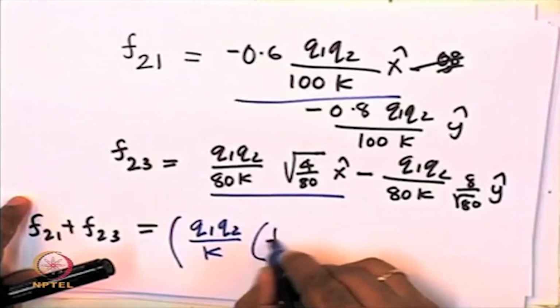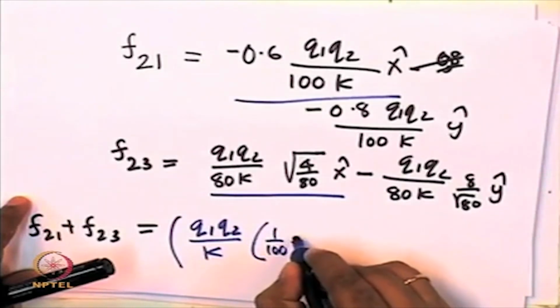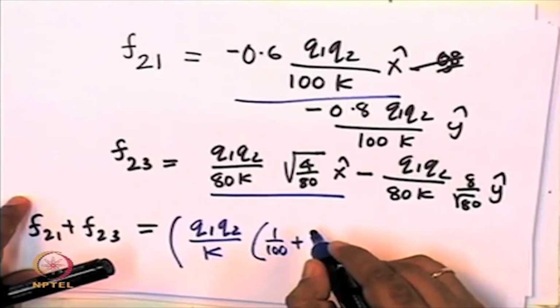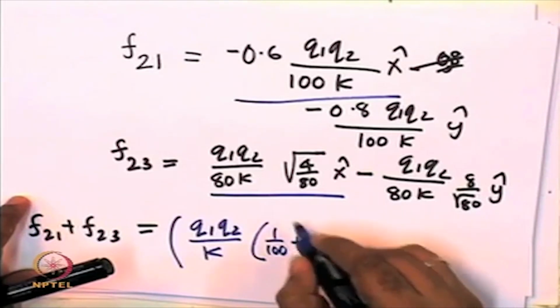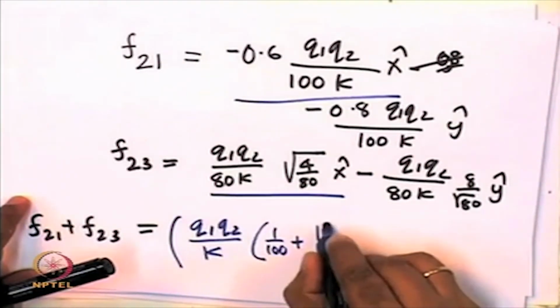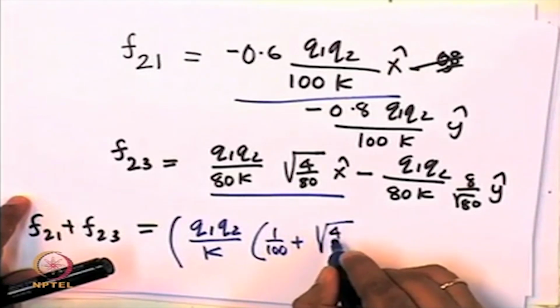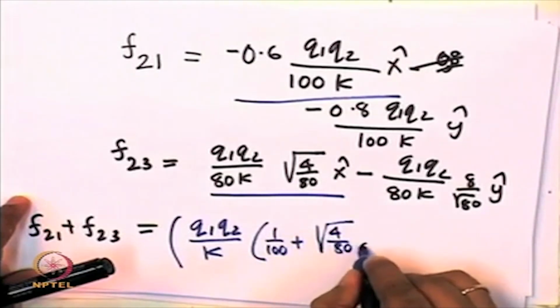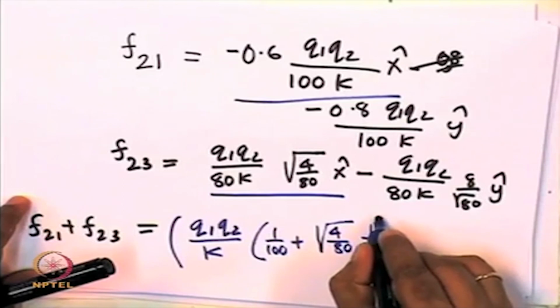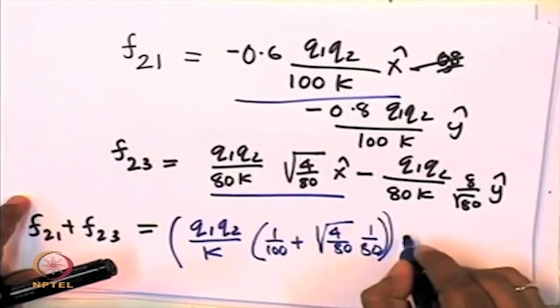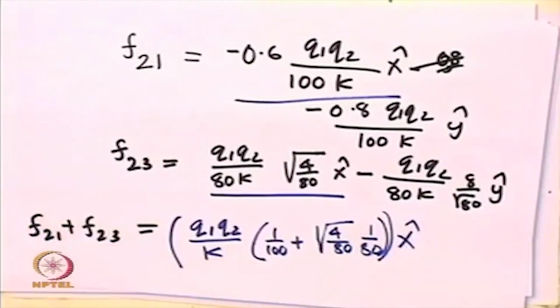So, 1 by 100 plus root of 4 by 80 into 1 by 80, this much along the x axis. This is the total force along the x axis.